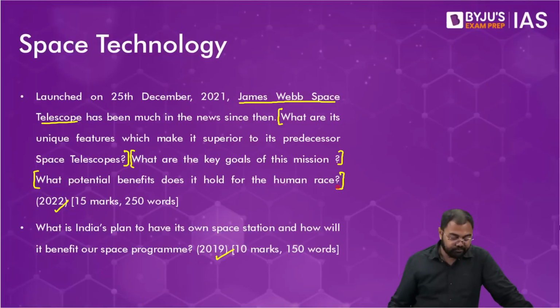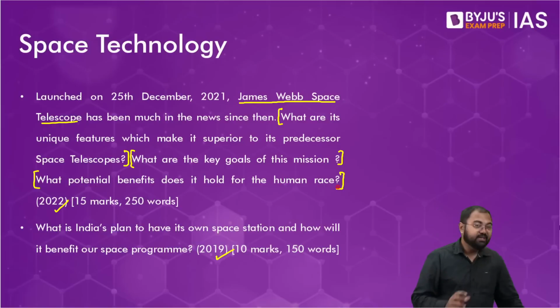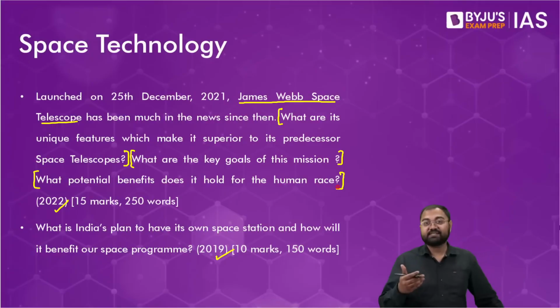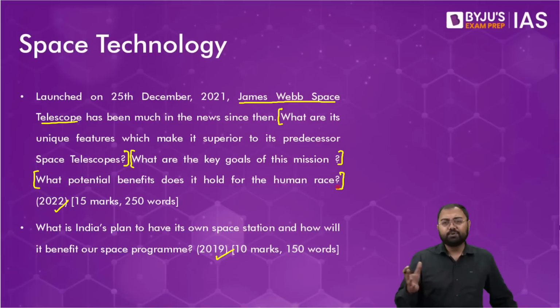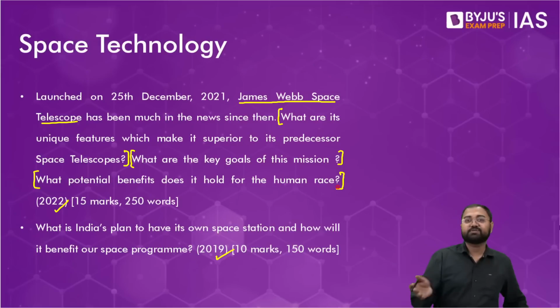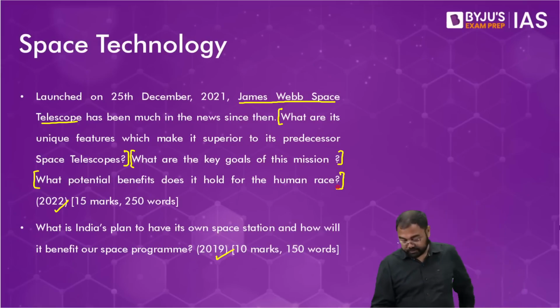For example, first it talks about the unique features that make it superior to its predecessor space telescopes. When it has mentioned predecessor space telescopes, the mention of those names is very, very important. For example, the Hubble Space Telescope is seen as the predecessor of the James Webb Space Telescope, or even to an extent, the Spitzer Space Telescope is also seen as a predecessor of this telescope.